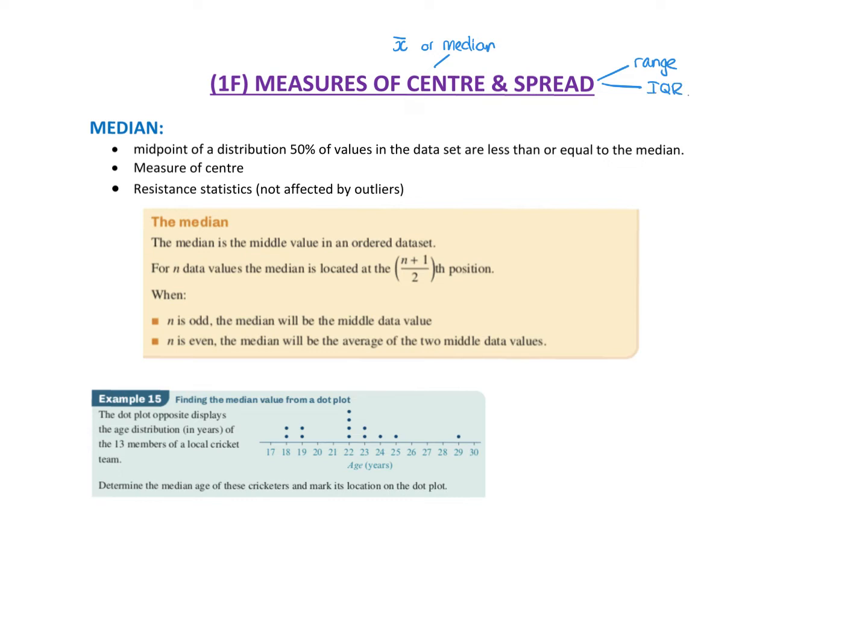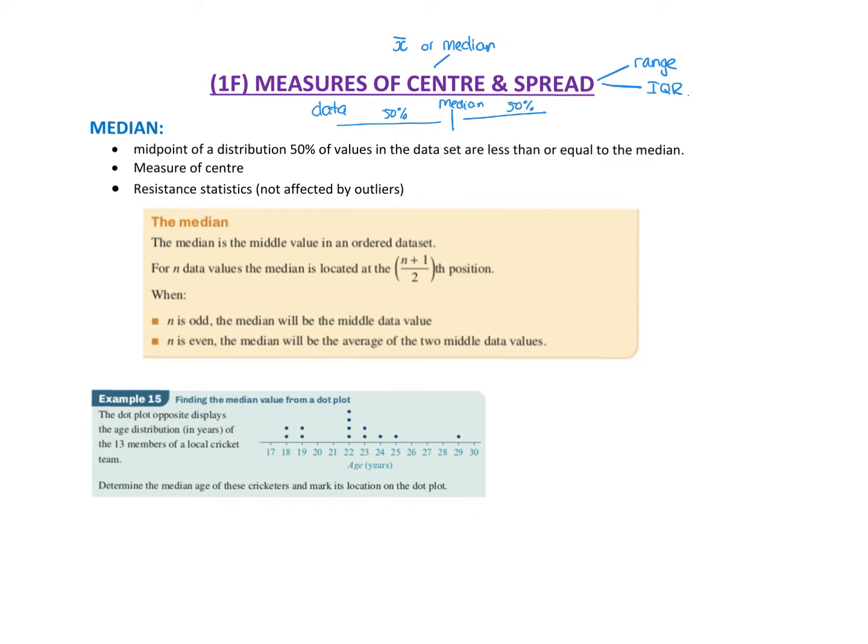So the median is the midpoint of the distribution. When we have all our data, if we split it in half, the median would have 50% of the data occurring before it and 50% of the data occurring after.